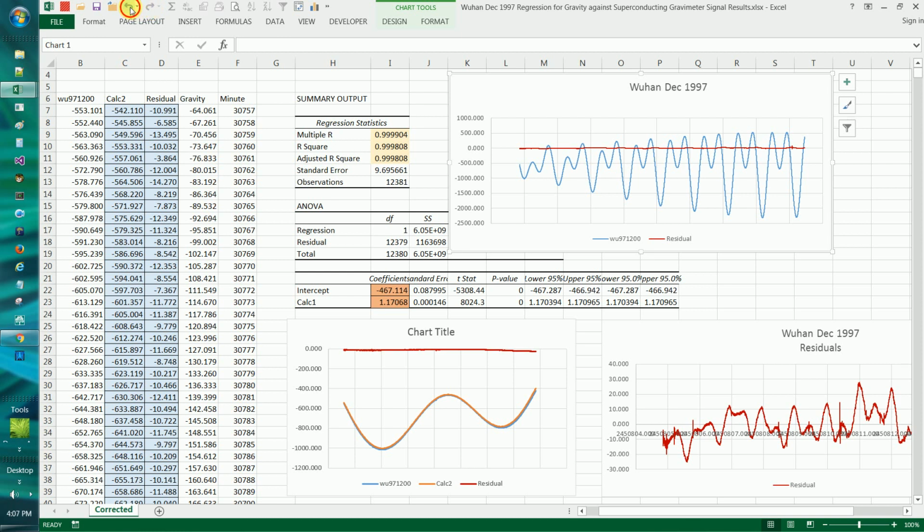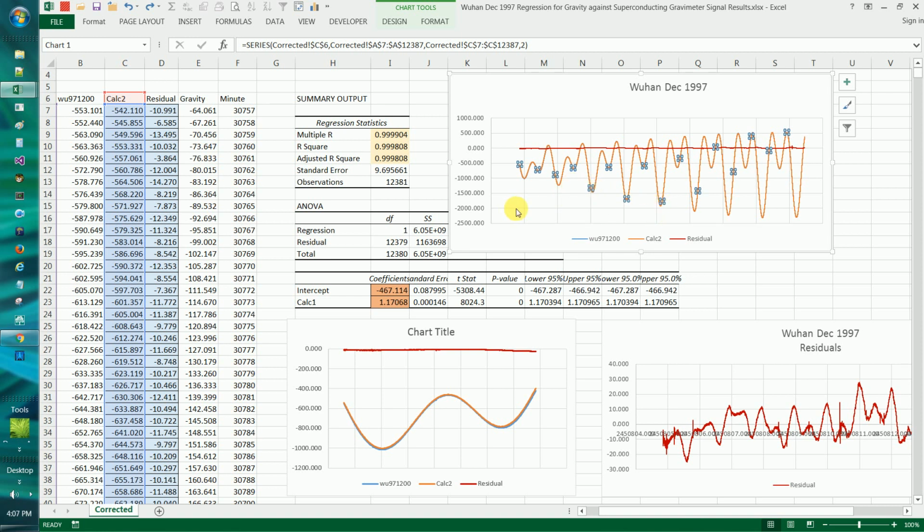So what I would like to do is to flip this over. I took the gravity signal and modified it to reproduce the instrument signal. What we really need to do is to do it the other way. Take the calibration numbers that I produced here and have the instrument report the true gravity signal.